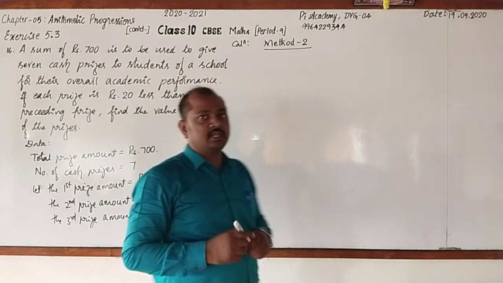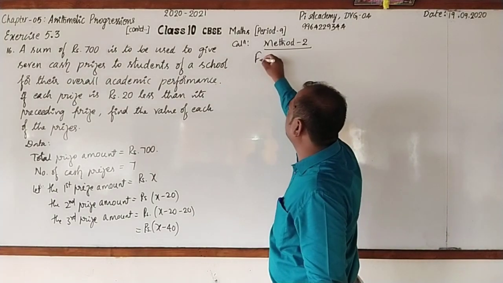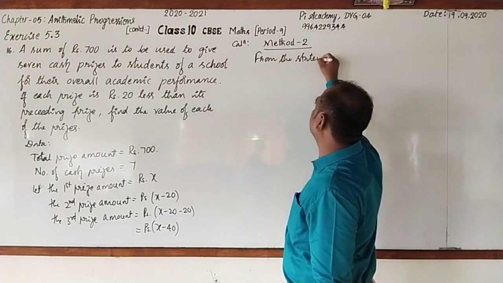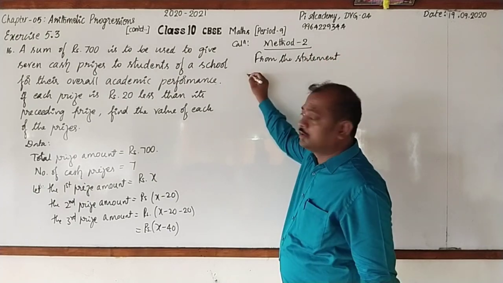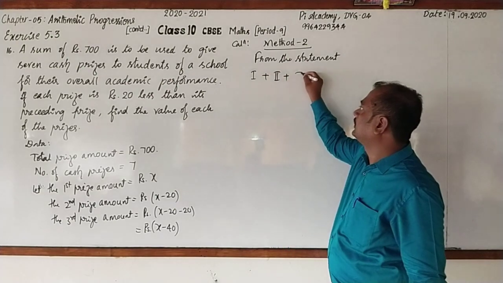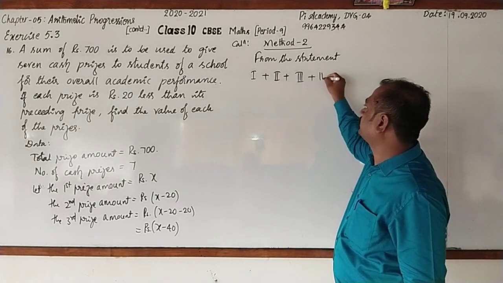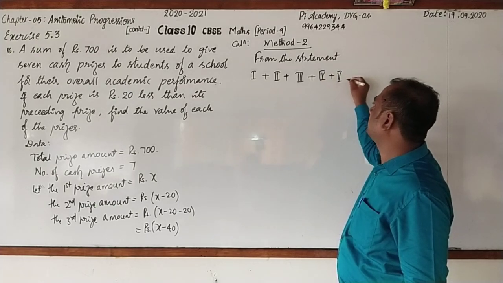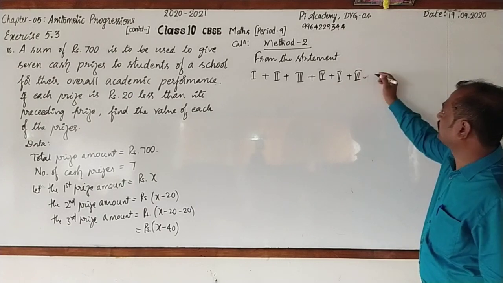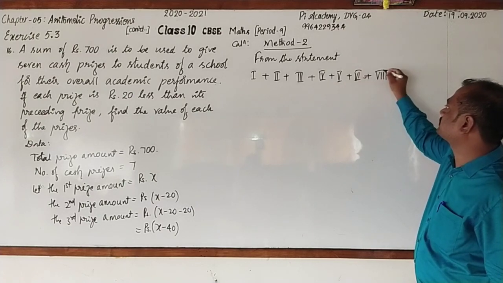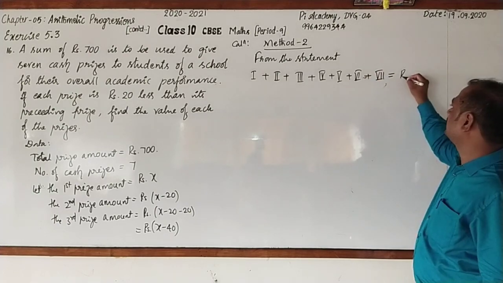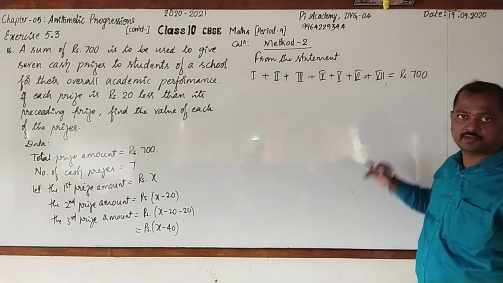So from the given statement we can write like this: first cash prize plus second cash prize, third one, fourth one, fifth one, and sixth cash prize, and one more, total 7, no? 7 cash prizes. What is the total cash prize amount? It is rupees 700, right?